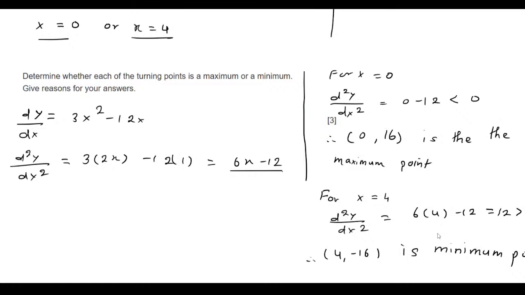For a given turning point x value, if the second derivative is less than 0, it indicates the maximum point, meaning the local highest point. And if it is greater than 0, it indicates the minimum point.